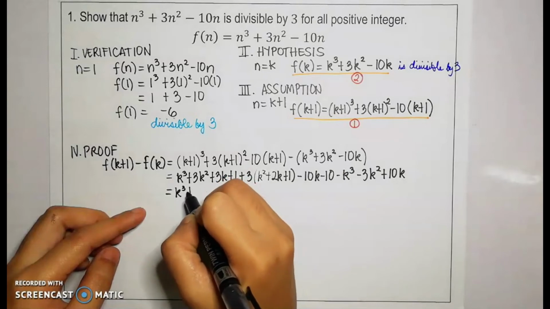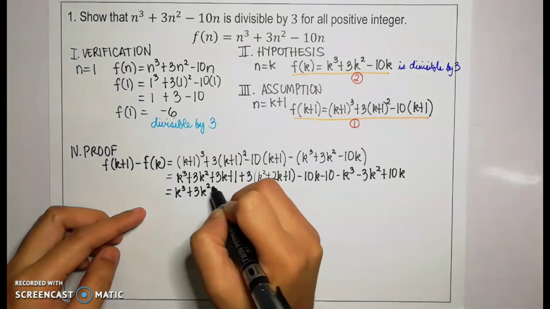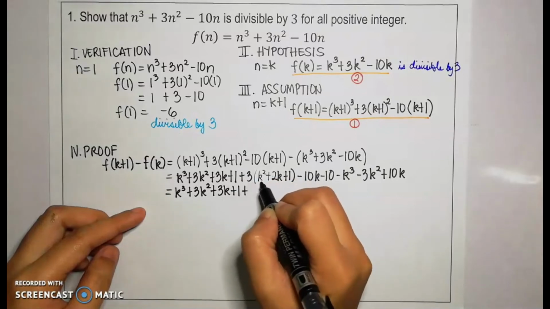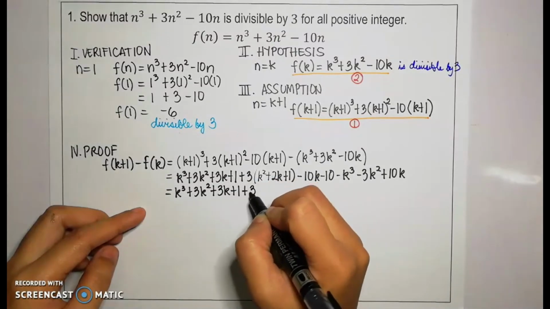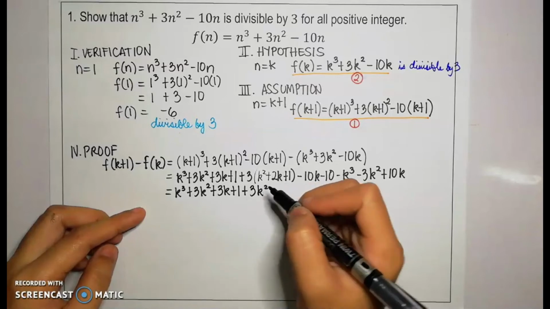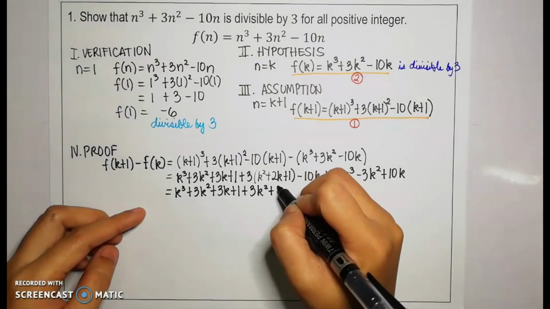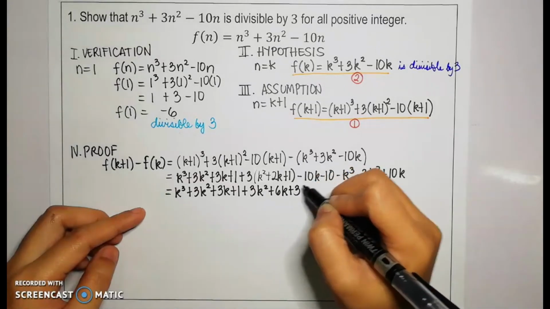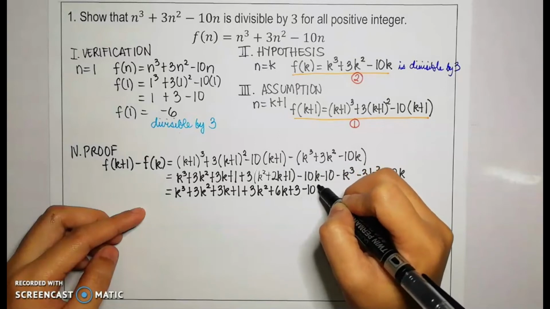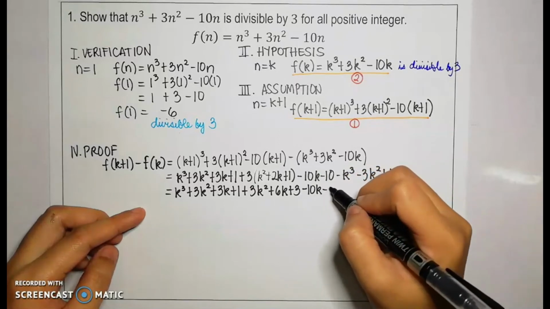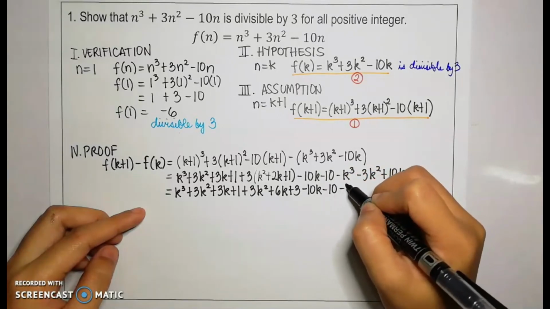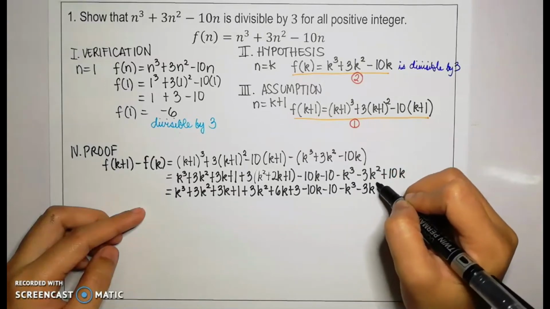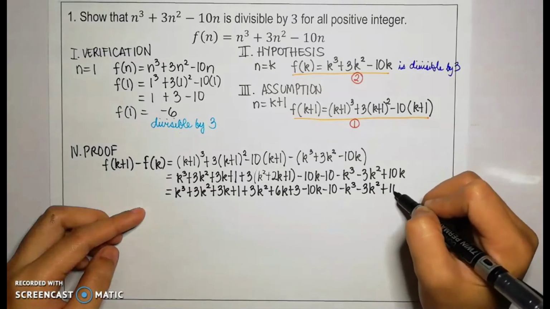Let's copy k cubed plus 3k squared plus 3k plus 1, and then distribute 3 to the quadratic trinomial. So we have 3k squared plus 6k plus 3, and copy the rest of the terms. We have negative 10k minus 10 minus k cubed minus 3k squared plus 10k.